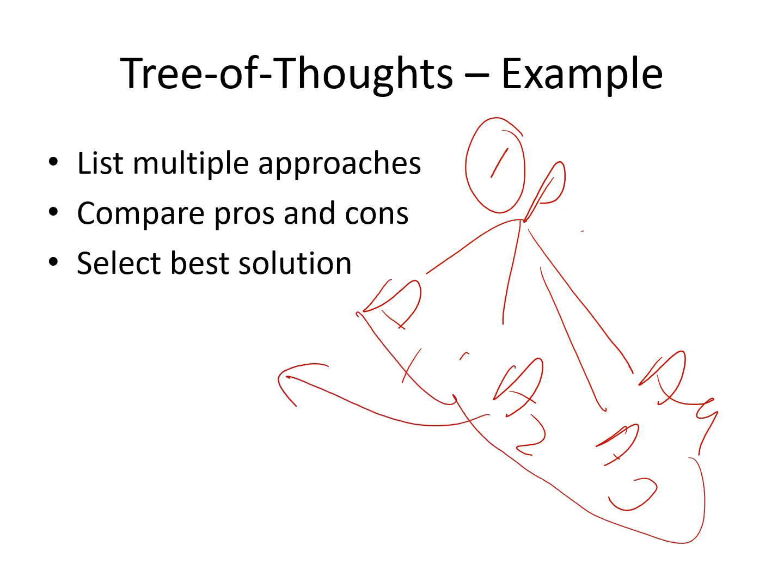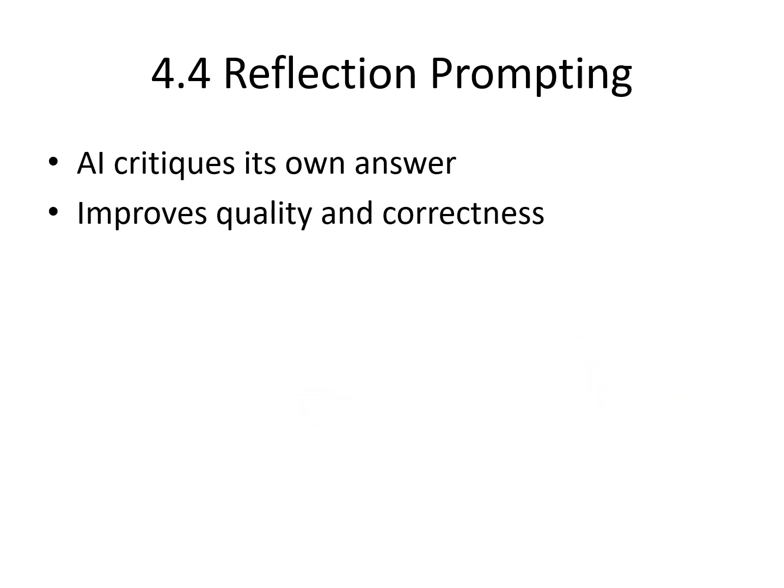Whichever is most effective, it will select that solution. This is ideal for strategy planning and complex problem solving. So tree of thought is basically having multiple approaches for one problem or prompt, comparing the pros and cons, and then picking the best.